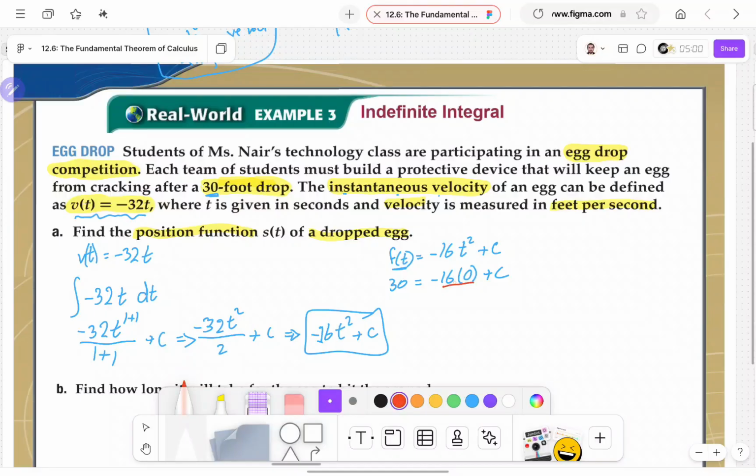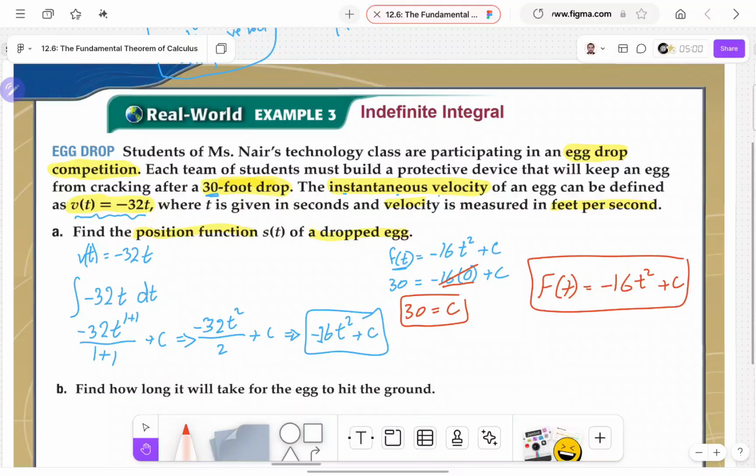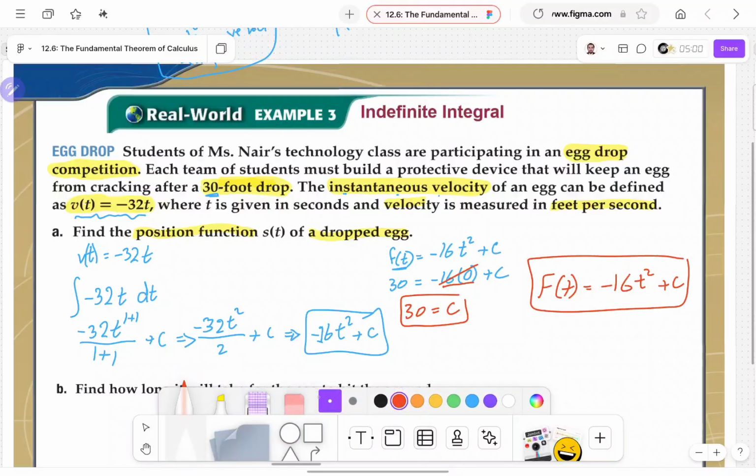This term is equal to 0, so it cancels, so 30 is equal to c. As you can see, c is equal to 30. So now f of t is equal to negative 16t squared plus 30. We found the formula. Sorry, not plus c, plus 30, since I found c and then should write it. Okay, plus 30.